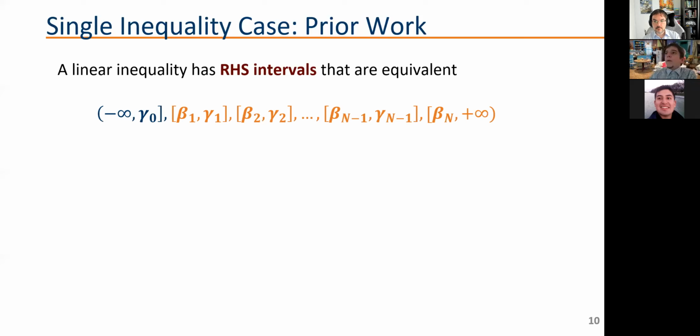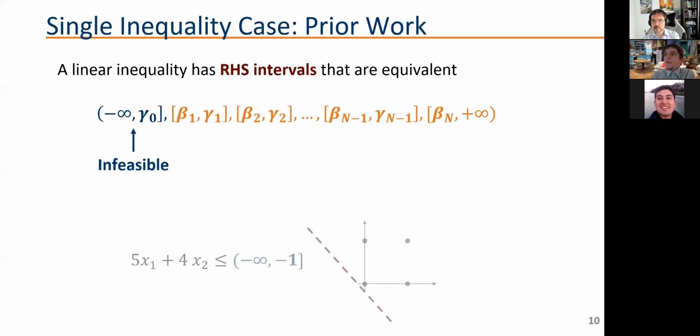A linear inequality is going to have right-hand side intervals that are equivalent. I'm going to illustrate this with these consecutive intervals that you see in front of you. One of them corresponds to all values that would map to an infeasible solution set.